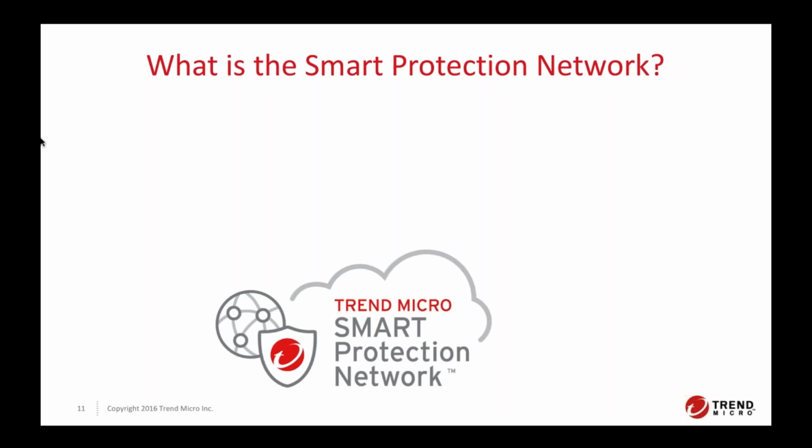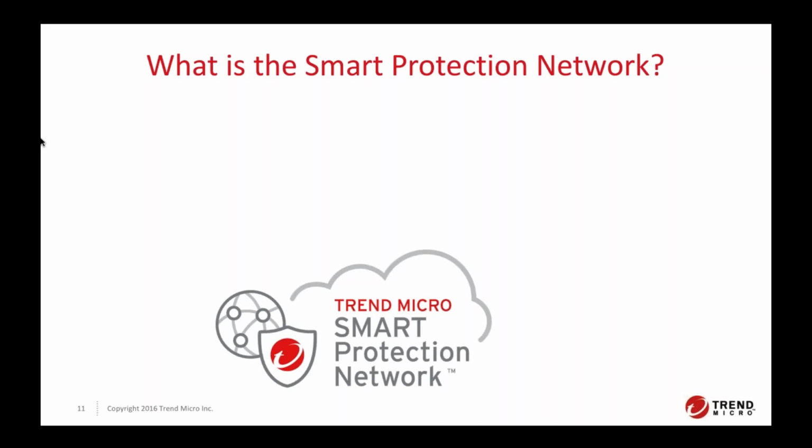For example, if you are a large enterprise customer with 5,000 users, you are talking to the protection network and getting information from there. If you are a home user with Maximum Security on your home PC, you are also part of that protection network. Ultimately, it means we can spread the information globally.